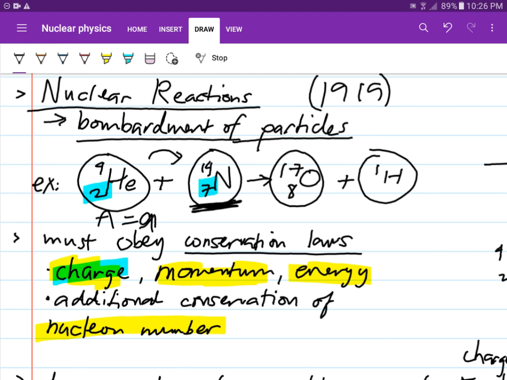After the reaction, oxygen has 8 protons and you have 1 proton from the emitted particle. So charge should be conserved. And as for energy, we will talk about that later.